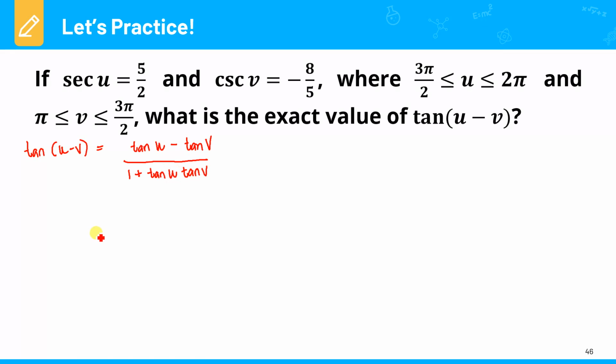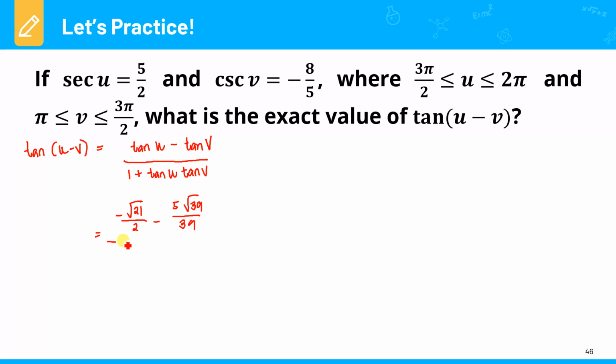So substitute. Our tangent u is negative square root of 21 over 2. So you have negative square root of 21 over 2 minus our tangent v, which is 5 square root of 39 over 39.